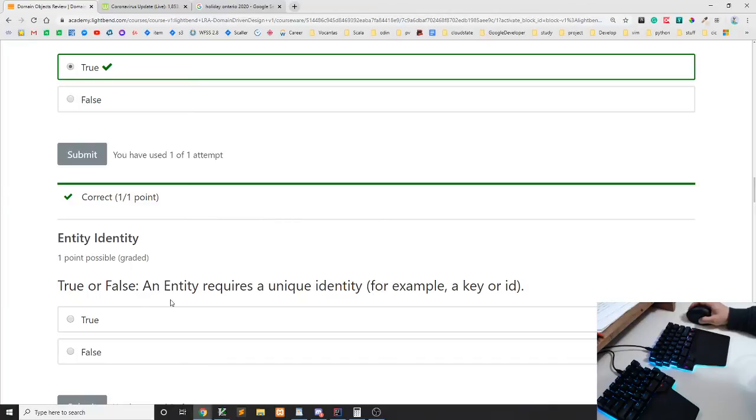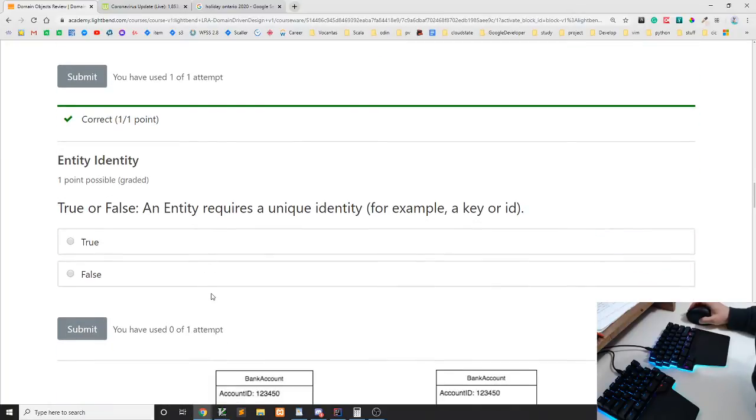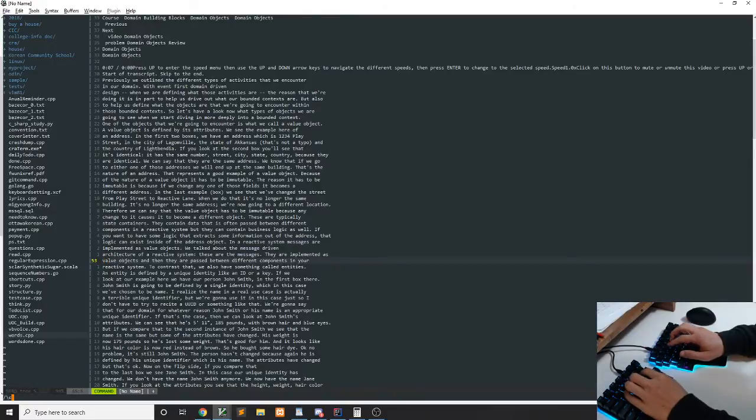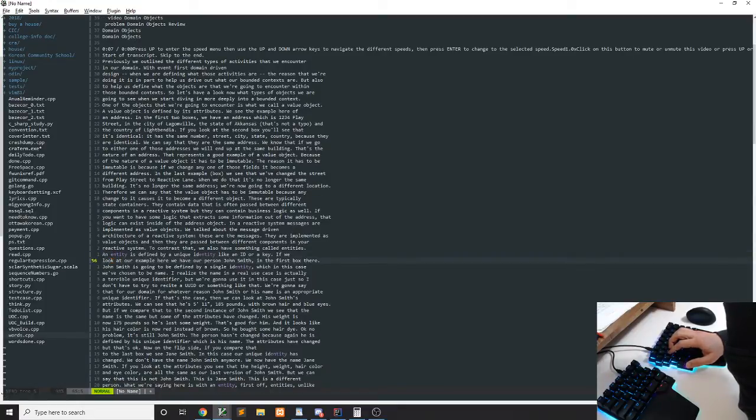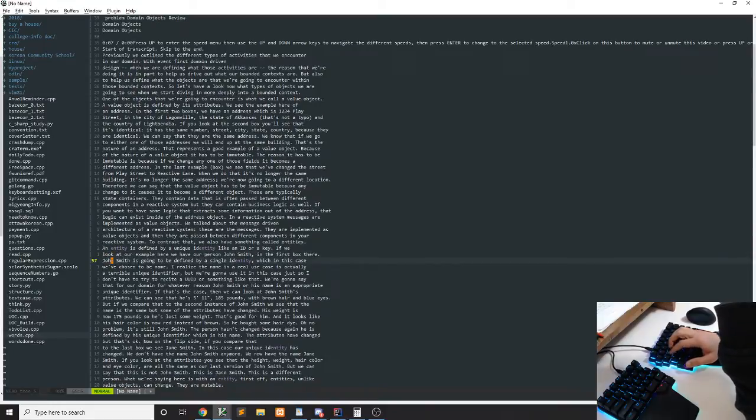True or false? An entity requires a unique identity. An entity, for example, a key or ID. So I need to check. An entity is defined by a unique identity like an ID or key. If we look at our example here, we have our person John Smith in the first box there. John Smith is going to be defined by a single identity, which in this case we've chosen to be name.